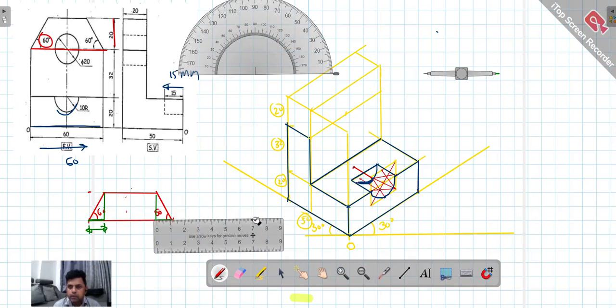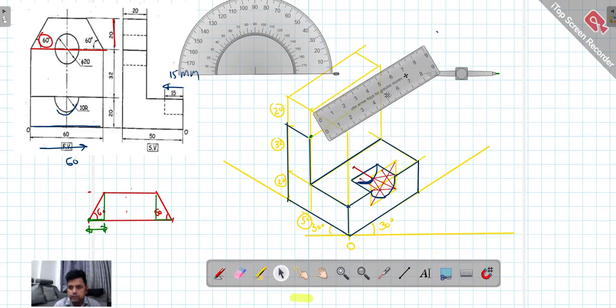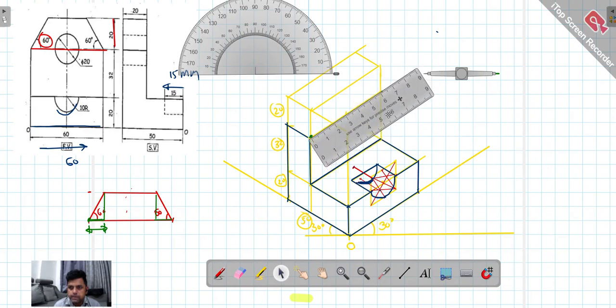Okay, so what we'll do: this point here is nothing but this point, and this point here is nothing but this point. We will mark 11, 11 from both these sides, or 10, 10, I don't know exactly कितना आता है. Let us say it is 11, 11.